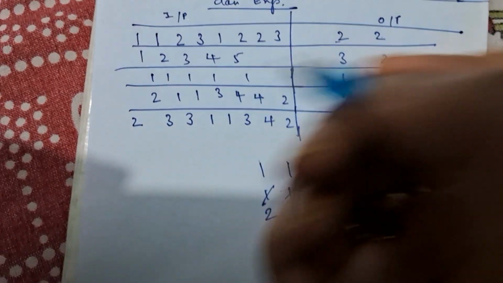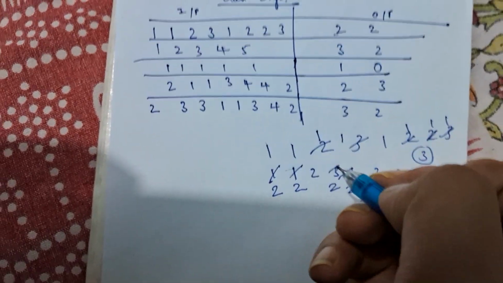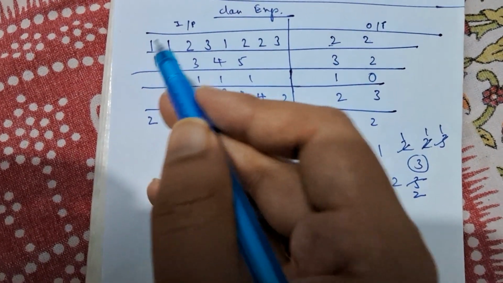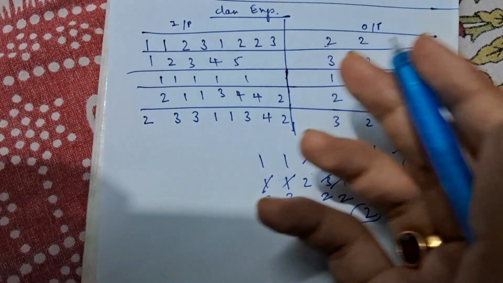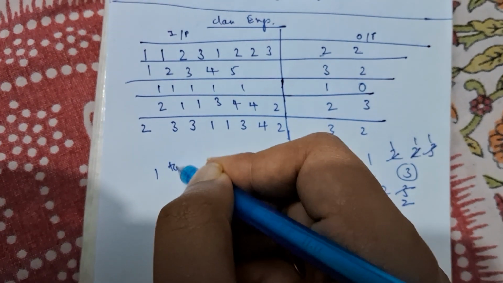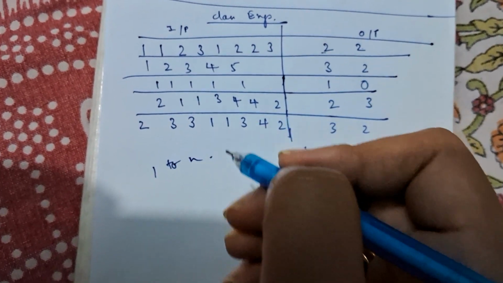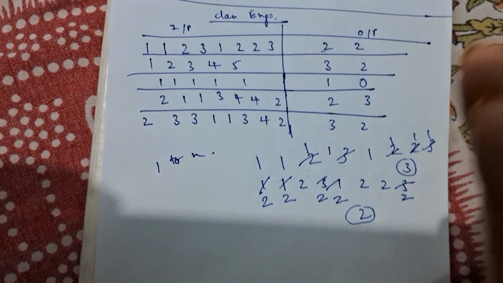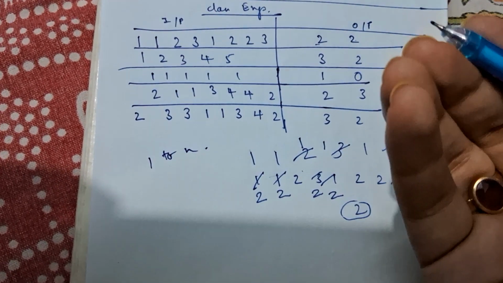Now our approach: how are we going to do this? We have to find, for all values from 1 to n, the number of days it takes to occupy the whole thing.